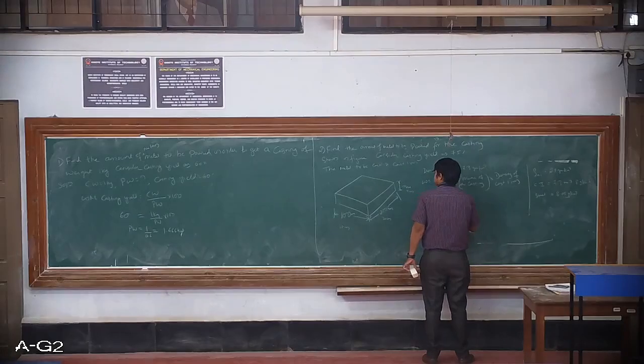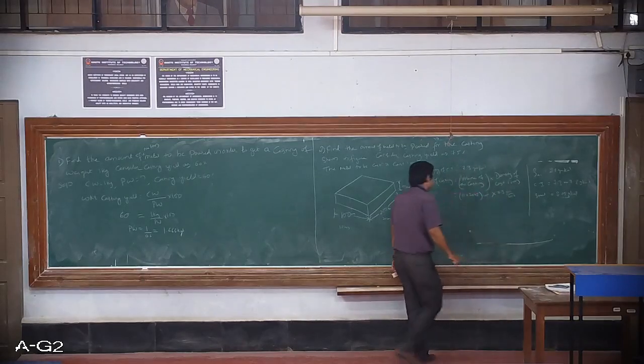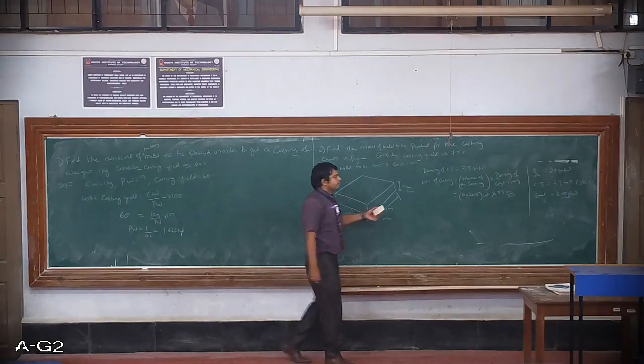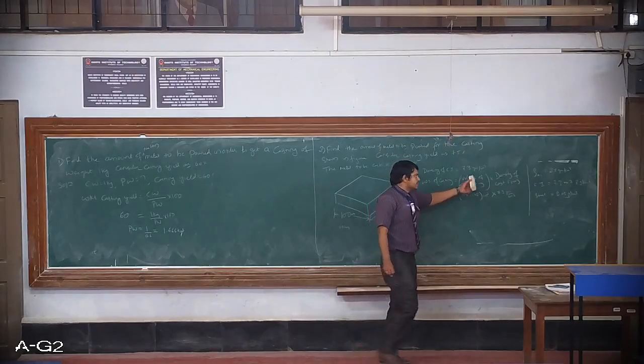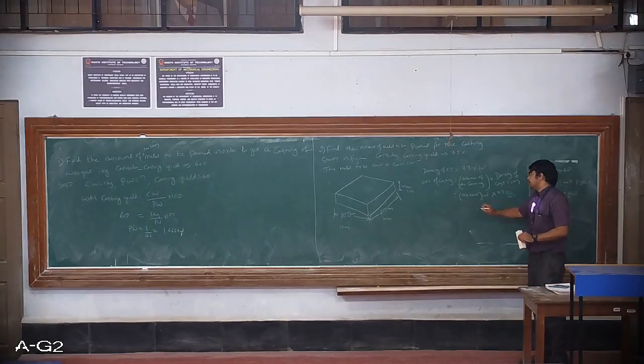So this is 10 by 20 by 5 centimeter cube into 7.3 grams per centimeter cube. See why I have written all the dimensions in terms of centimeter. Whatever value I get, it has to be in terms of only one unit. As we have density in terms of grams per centimeter cube, I have converted everything in terms of centimeter, so that this centimeter cube and this centimeter cube cancel.